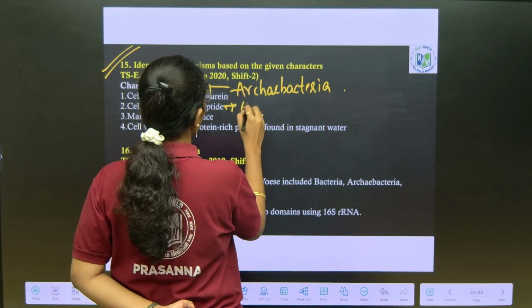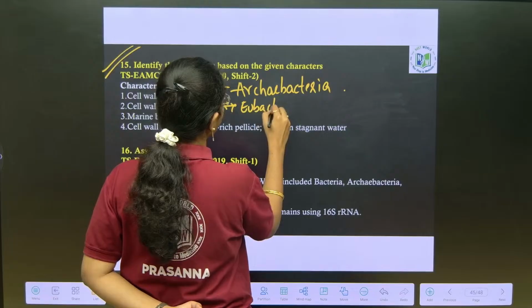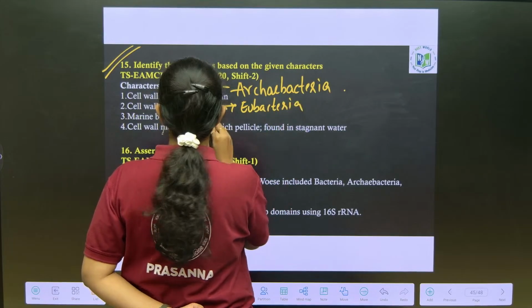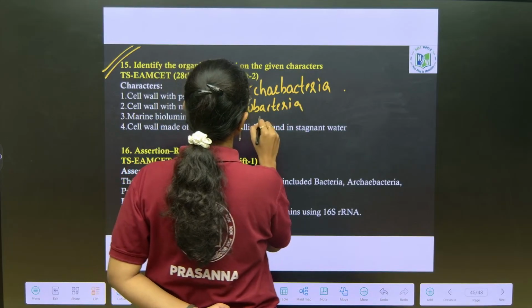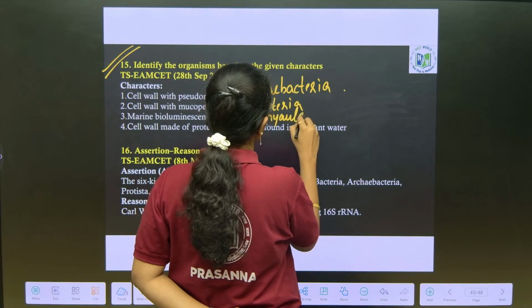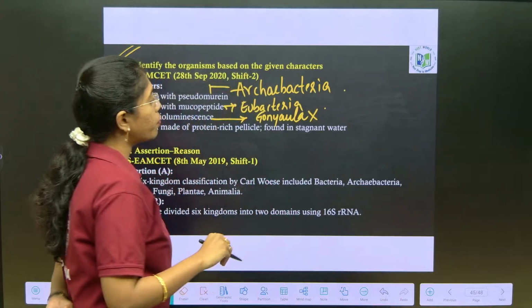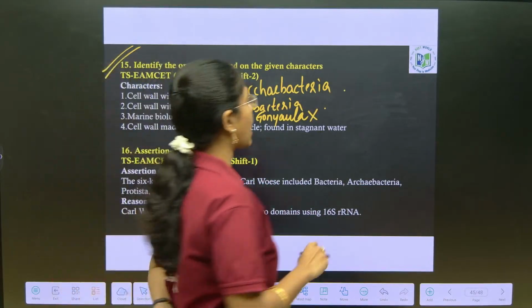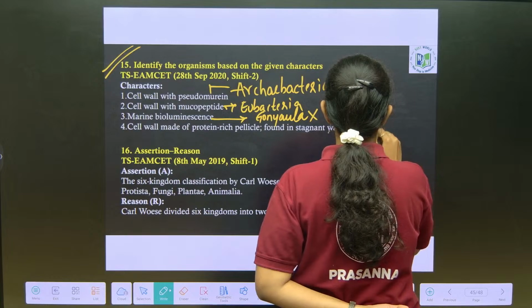Cell wall with mucopeptide: Eubacteria. Marine bioluminescence is Gonyaulax. Cell wall made up of protein-rich pellicle, found in stagnant water, is Euglena.